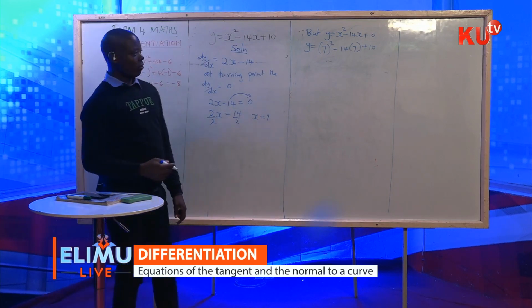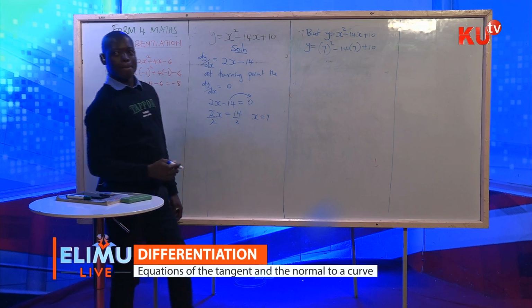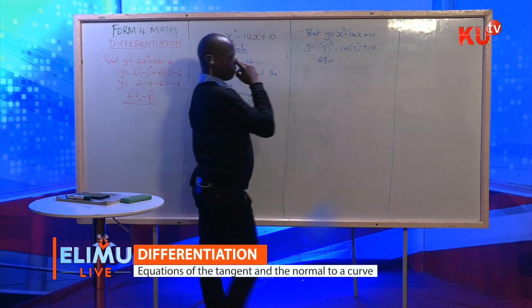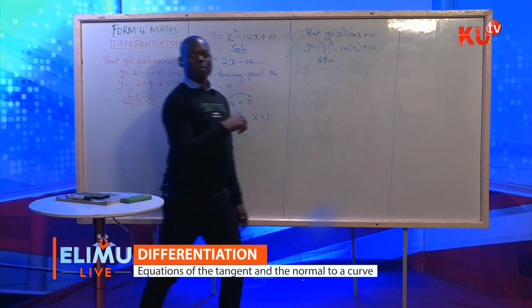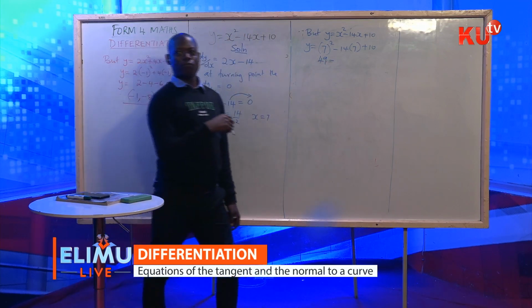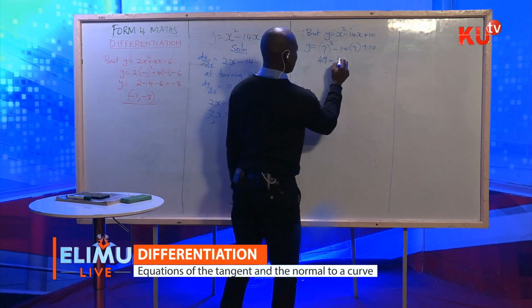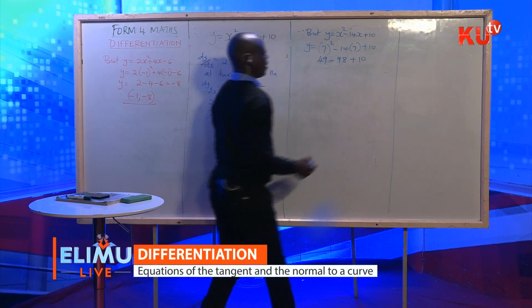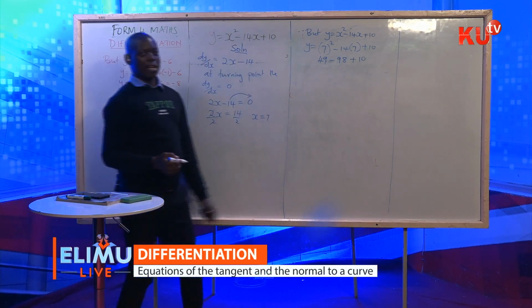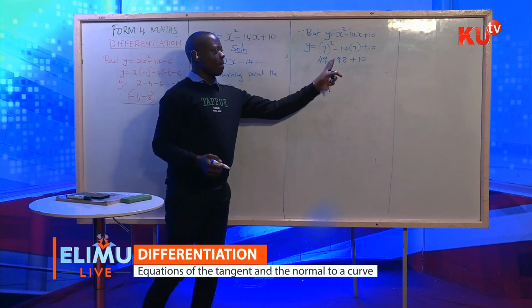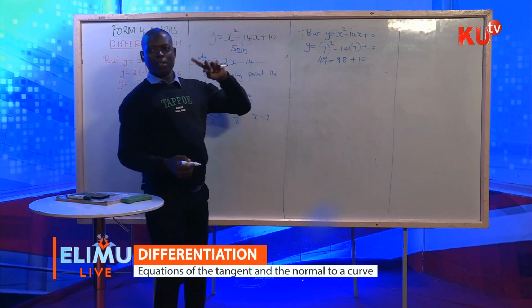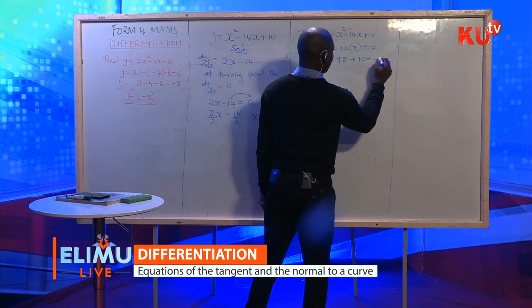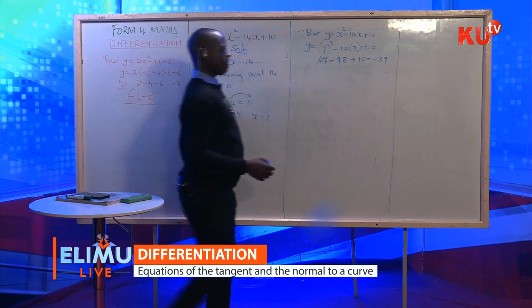What is 7 squared, students? Good, 49 minus 14 times 7, students, 98, plus 10. 49 minus 98, negative 49, plus 10, negative 39.